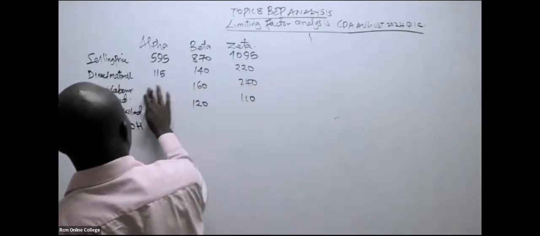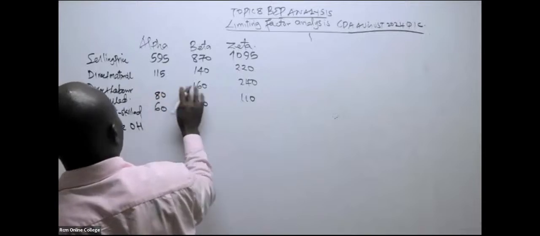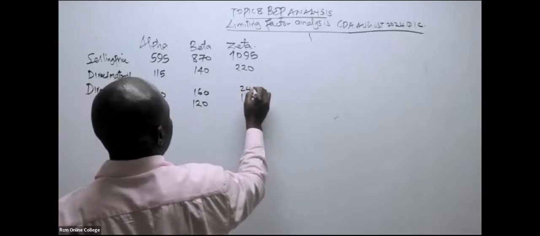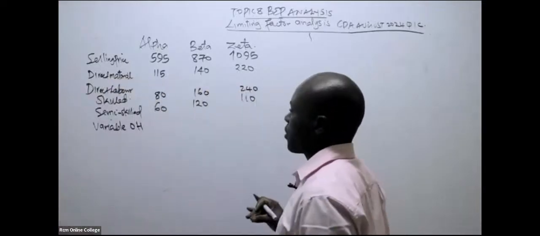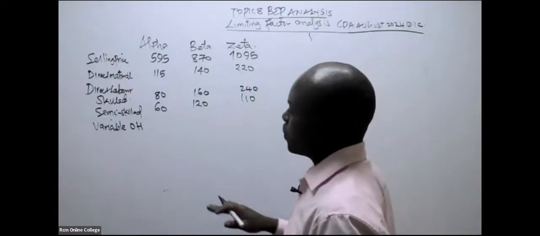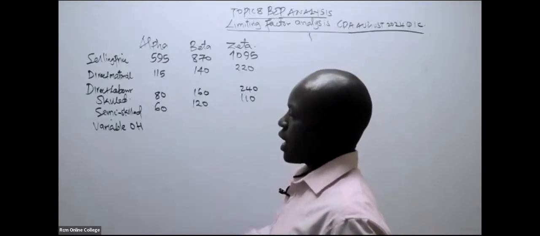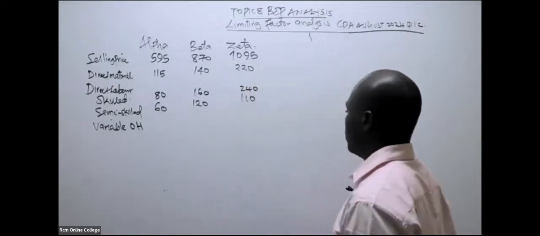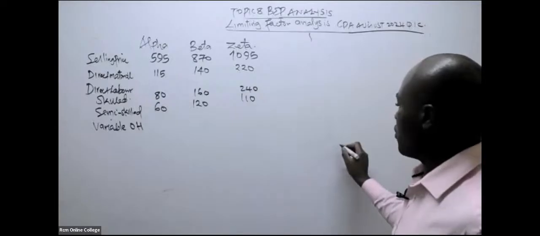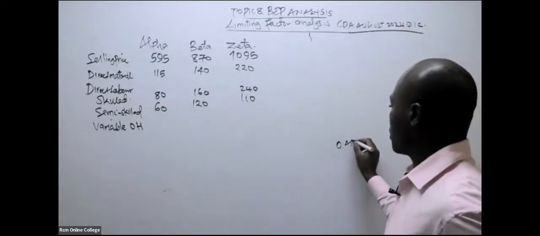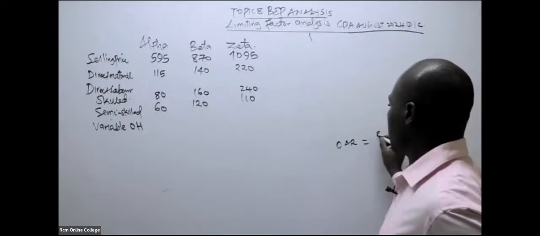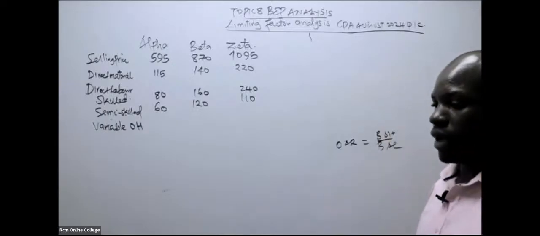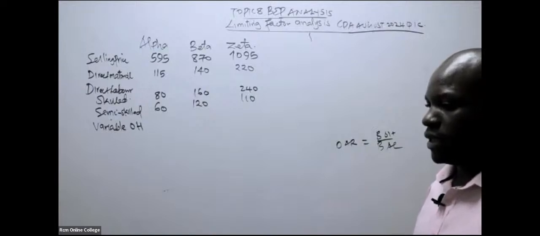It should be 80, 160, 240. Good. Now, we need to consider how these variable overheads will be absorbed. If you are told we did something to do with absorption, we looked at overhead absorption rate is equal to budgeted overheads divided by budgeted activity level.